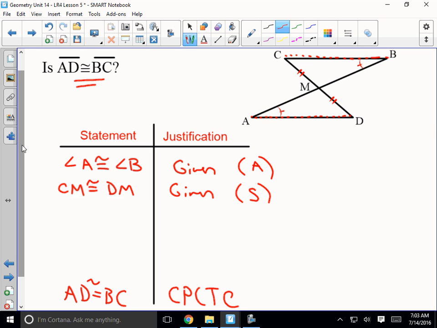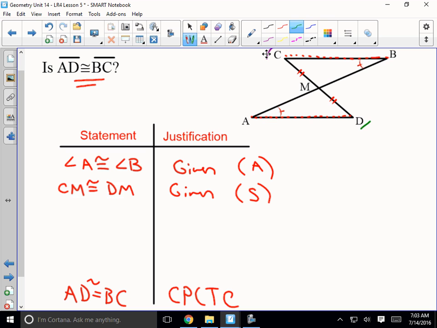Now, how can we get the one extra piece that we need for a congruent statement? It would be nice if we were told that CB and AD were parallel, because then I could have an alternate interior pair with C and D, which would be nice, but we don't have that. So we can't do anything there.